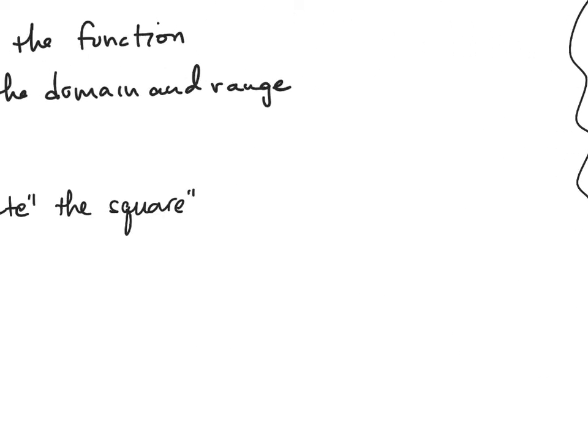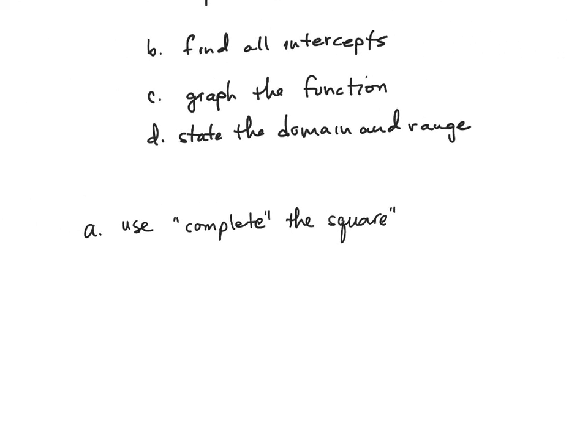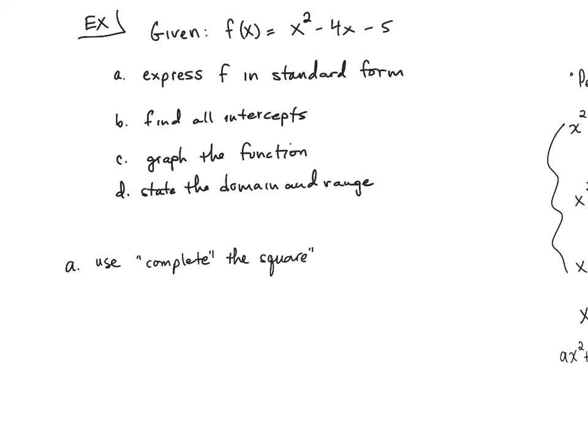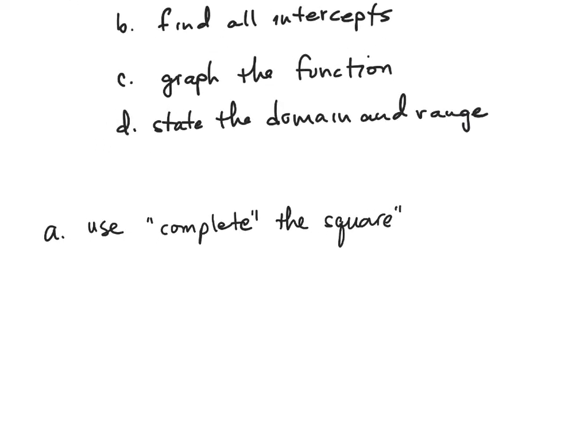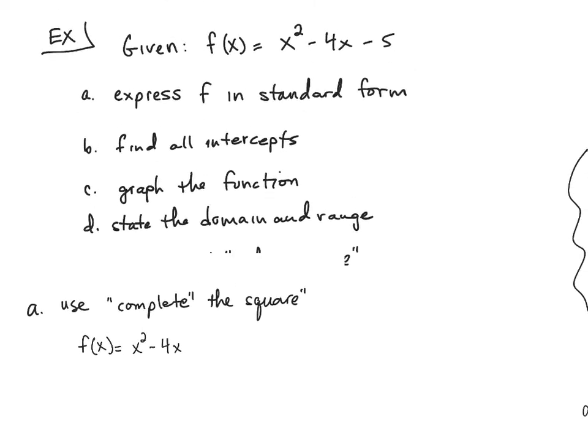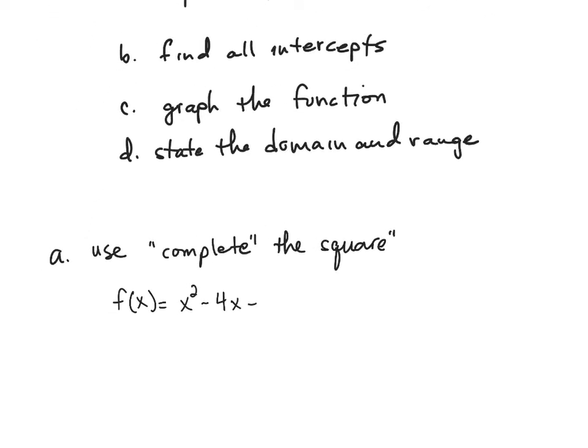So going back to our example here, we have f of x equals x squared minus 4x minus 5. Now, this is a trinomial, but it is not a perfect square trinomial.